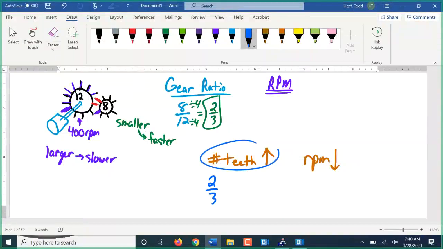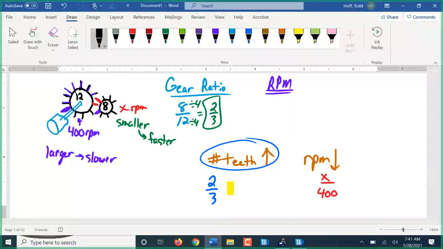That's our ratio of teeth. Now the RPM, if I let X RPM be the RPM for the smaller gear, that relationship is X to 400 RPM. 2 represents the smaller gear. The X also represents the smaller gear.